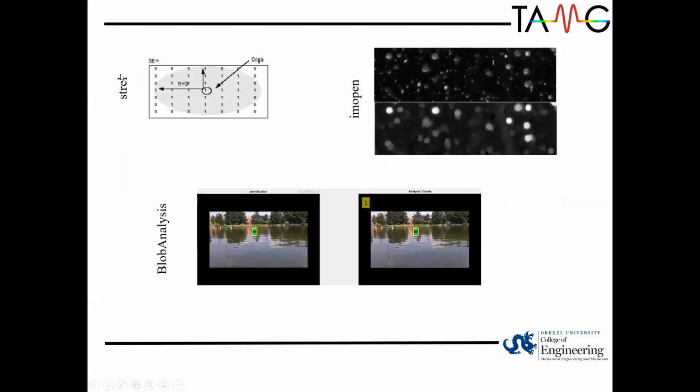Another one that you'll be using is strel, which is basically a structural element that you can use to extract or open up specific shapes within your image. And we're going to be running a blob analysis, which I think should be exciting for you guys to do on your own, to identify and count how many blobs are there within a moving video frame.